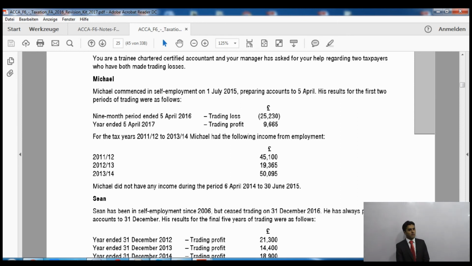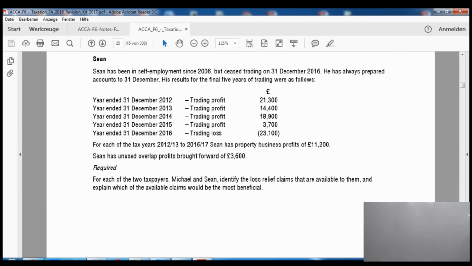So when we reduce his income, we will be saving his tax at the rate of 40%, because in excess of 31,000 something, we will be reaching our higher rate band anyway. So we will be saving him tax at the rate of 40%, because he's got employment income.